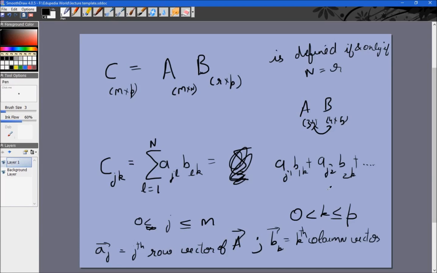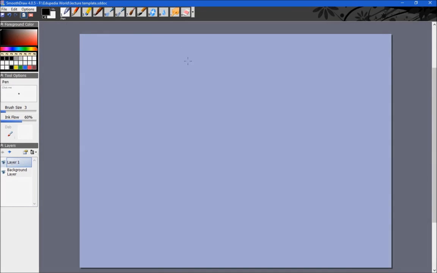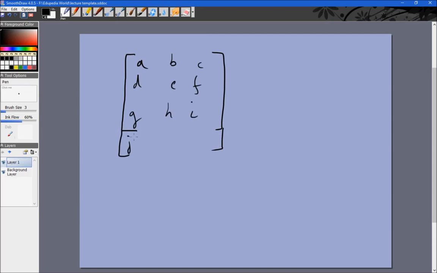Right. So just to show you a small example, let's just take the previous example but extend it to a 3 cross 3 matrix. A, B, C, D, E, F, G, H, I. Let's take one more row actually. J, K, L. So this is a 4 cross 3 matrix.